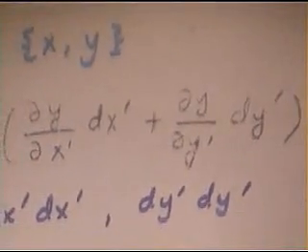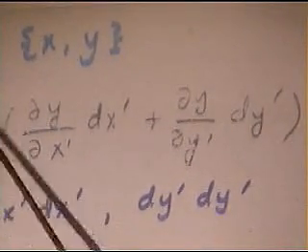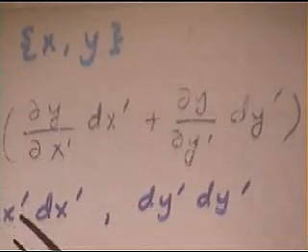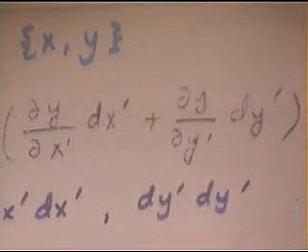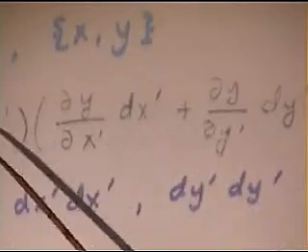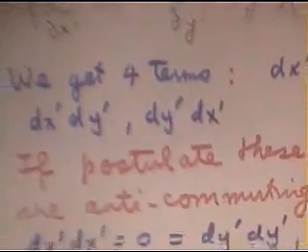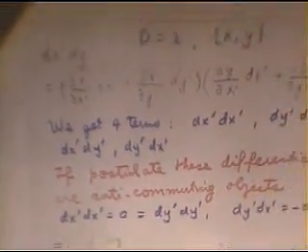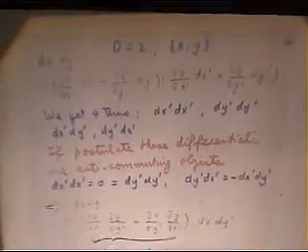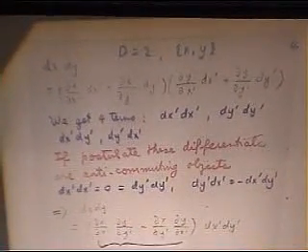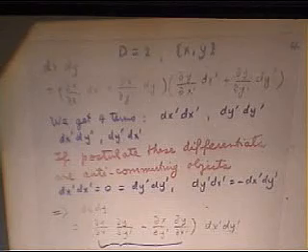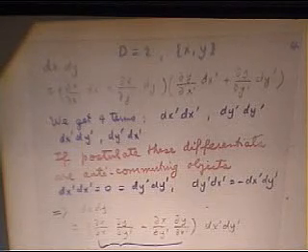So we get four terms, because there are two terms here and two terms here. We get dx prime from multiplying this one with that one. If I multiply this one with this one, I get dy prime, dx prime. So we get four types of terms, a big mess on the right-hand side. How are we going to make this mess simplify? It is a very ugly mess.